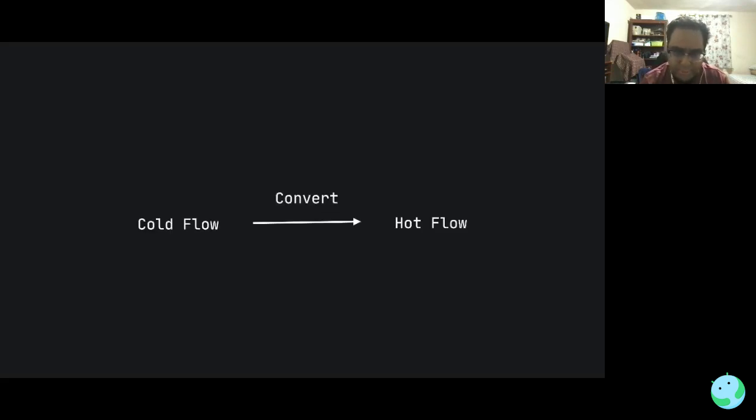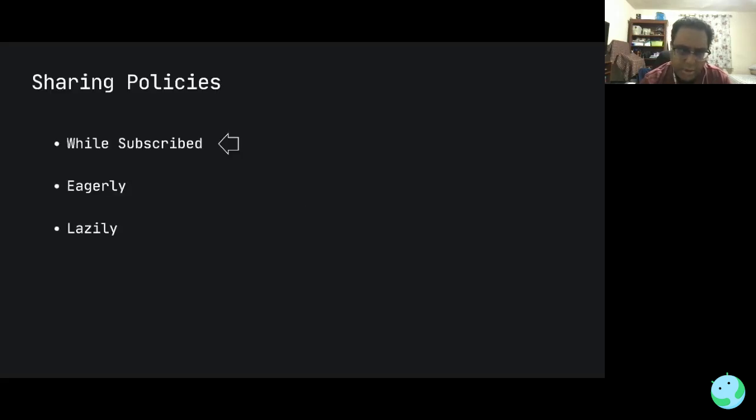I want to be able to convert a cold flow into a hot flow, and there are different ways to do that. Let's start with while subscribed, and how that works, and examples of that.